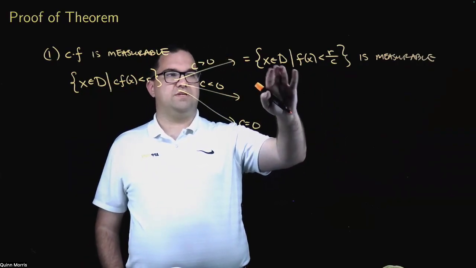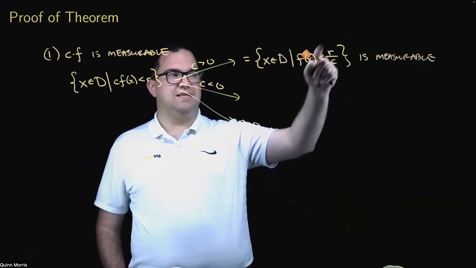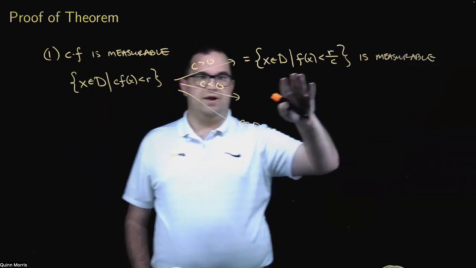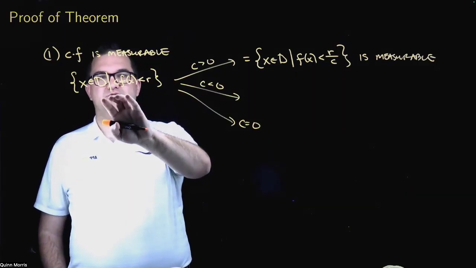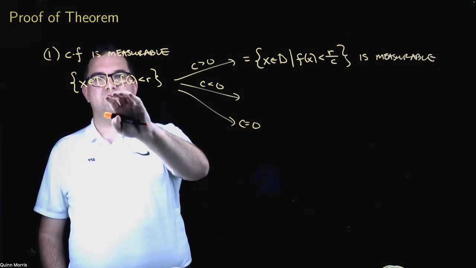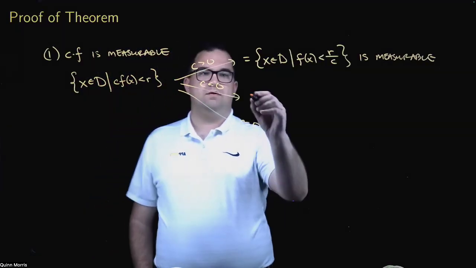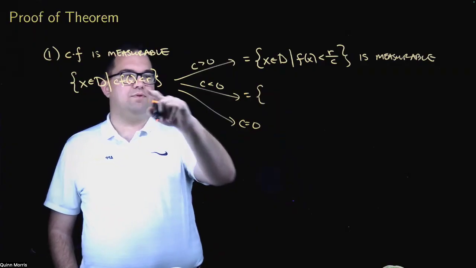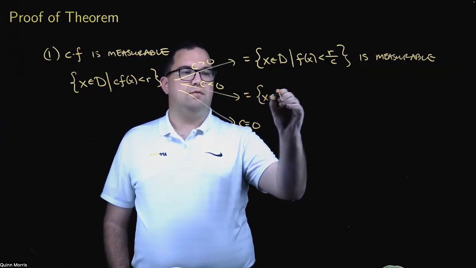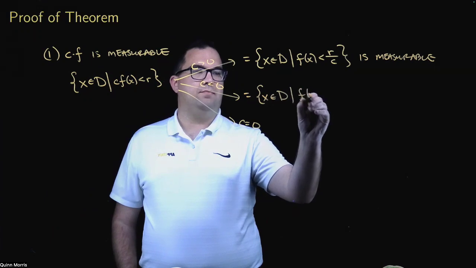Any set of the form, the set of all x in D such that f of x is less than some number, is measurable. That's what it means for f to be measurable. But that's equal to this set, and this is a measurability condition for c times f, so c times f is measurable. If c is less than 0, I can still divide both sides by c, but my inequality is going to flip.